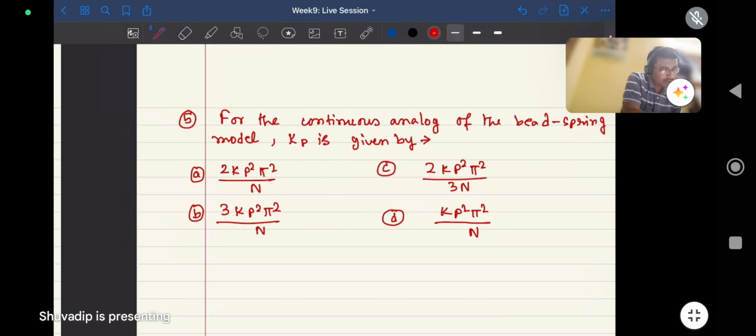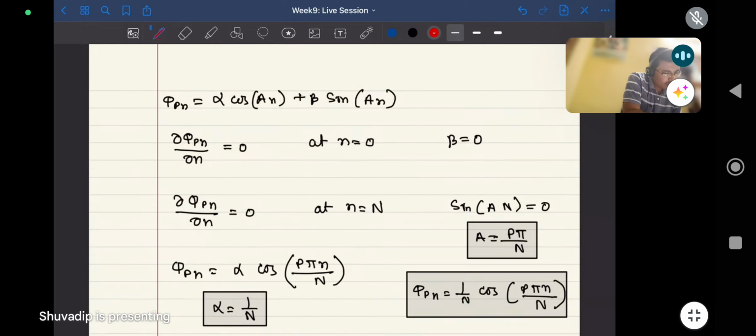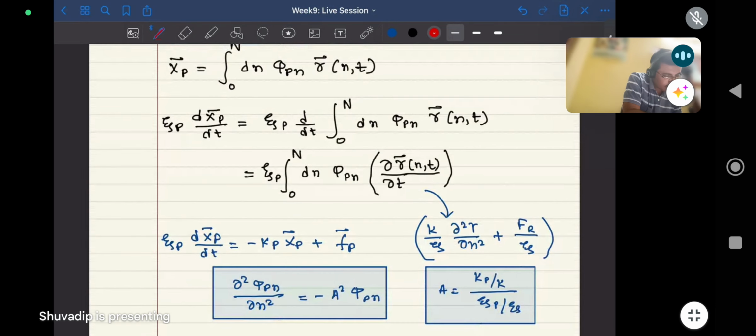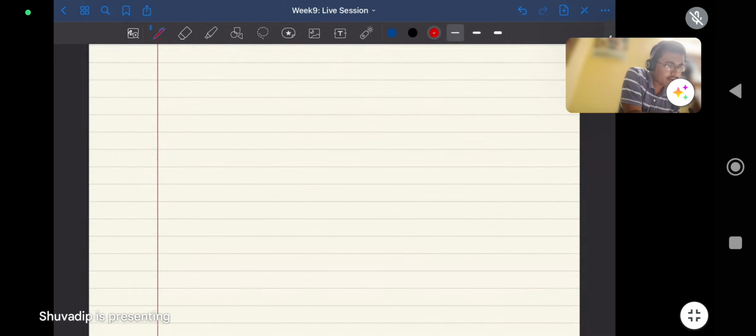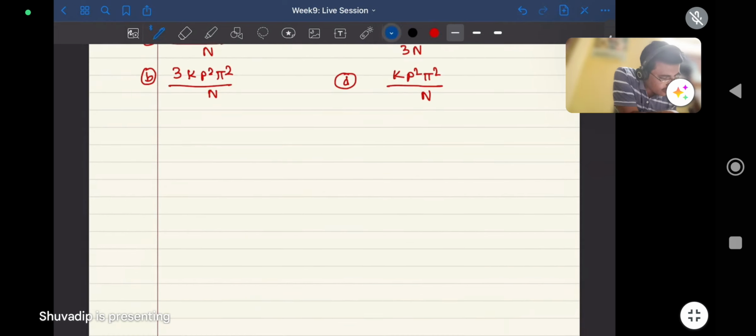If you remember, in the last question we got an equation of the form xi p d/dt of xp is minus kp xp plus fp. Now we have to find out what kp is. We have the relation that a squared is given by kp by k and xi p by xi.